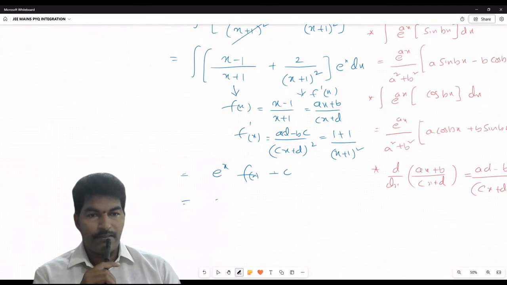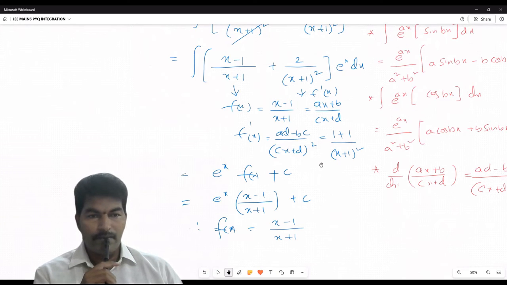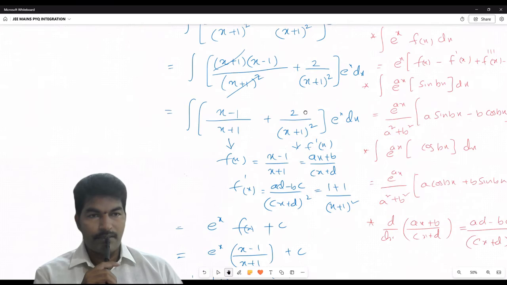Plus c. So e power x into what is f of x? x minus 1 by x plus 1. So comparing, f of x value will be x minus 1 divided by x plus 1. So understood.